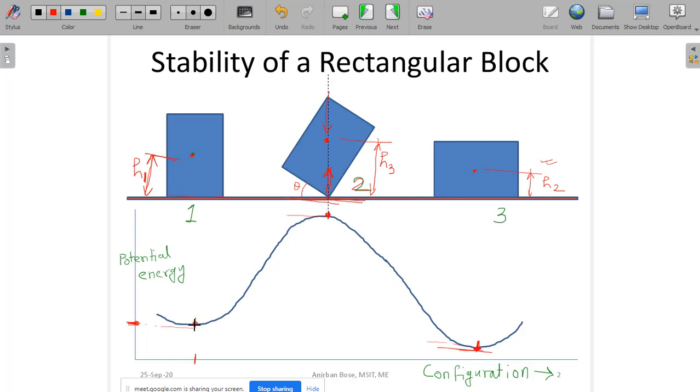So the three configurations we can see, 1, 2 and 3, all these three configurations are in equilibrium. There are other intermediate configurations you can think of, and those are not in equilibrium, but these 1, 2 and 3 are in equilibrium.